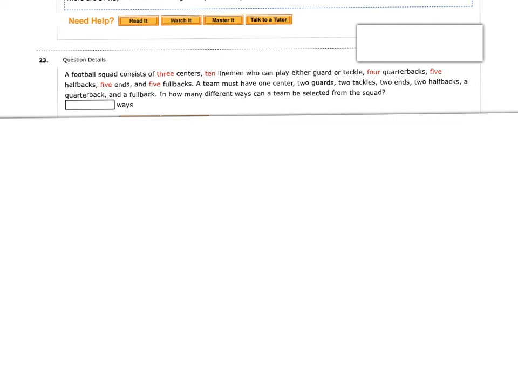All right, next up it says a football team has 3 centers, 10 linemen who play either guard or tackle, 4 quarterbacks, 5 halfbacks, 5 ends, and 5 fullbacks. We need 1 center, 2 guards, 2 tackles, 2 ends, 2 halfbacks, a quarterback, and a fullback. What I'm going to do is set up lines. I'm going to do one for the center, and we have 3, and we're choosing 1.